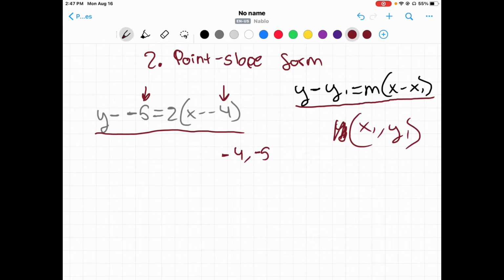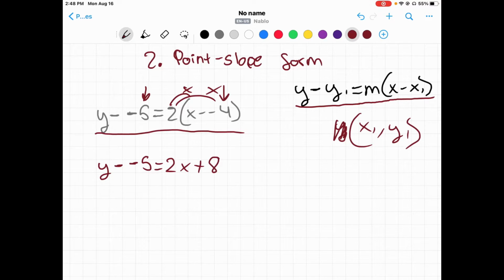Now, let's go ahead and distribute the 2 first. So, distribute the 2, and then y minus -5 equals 2x plus 8.